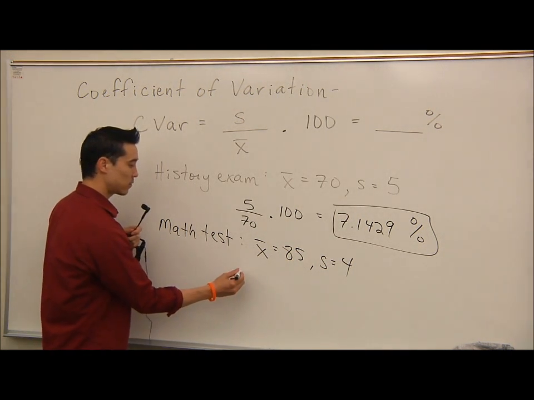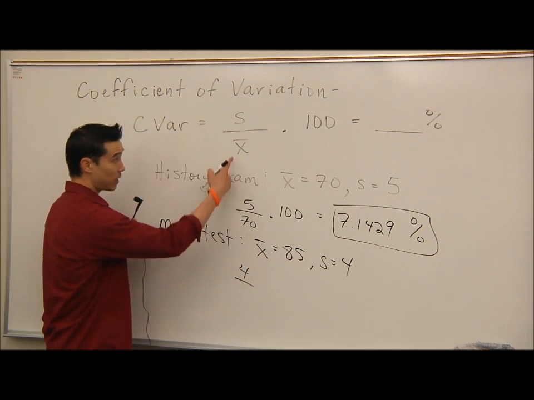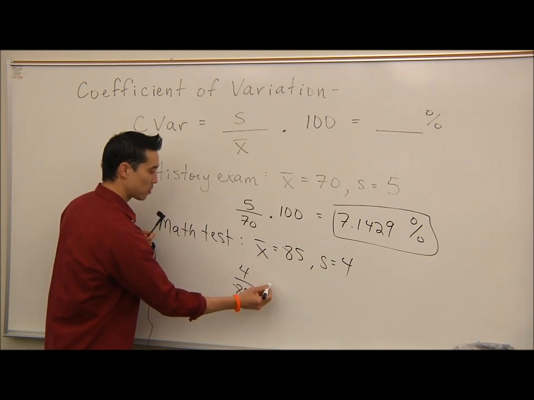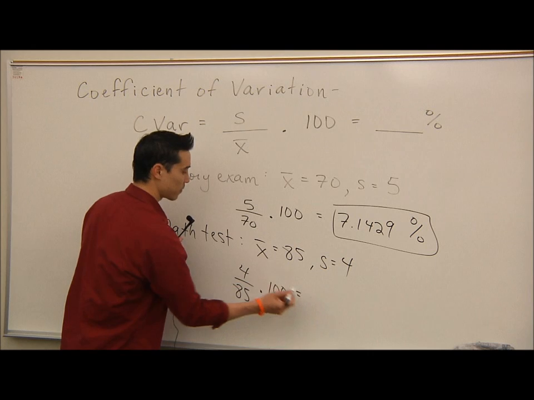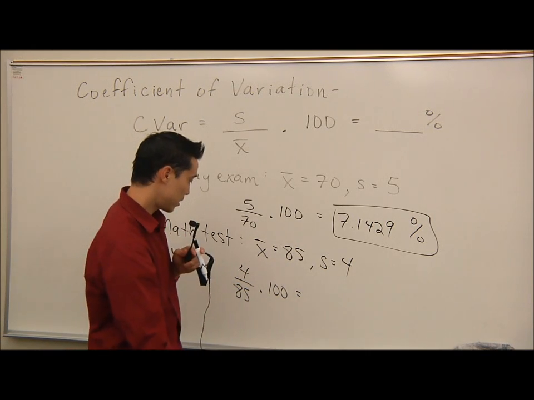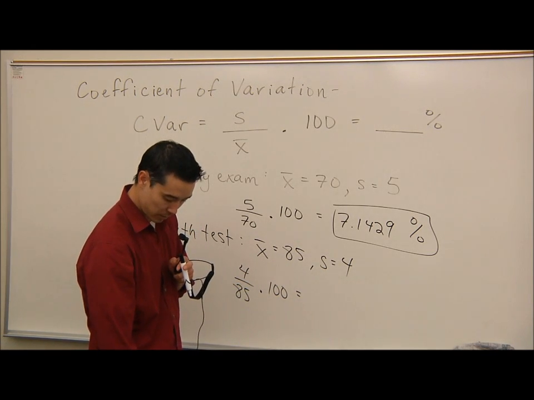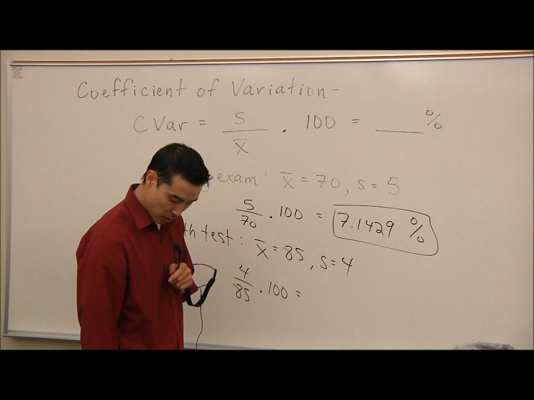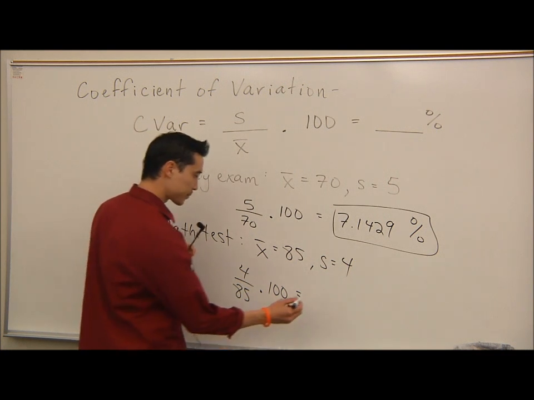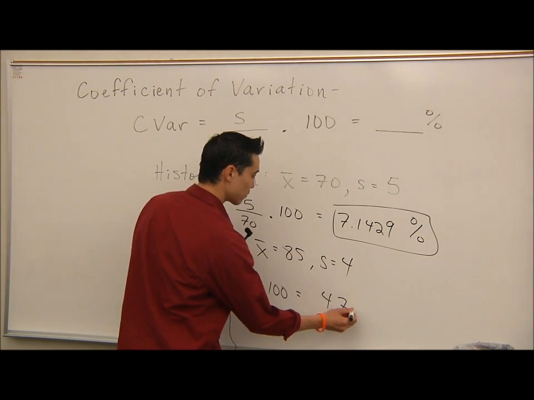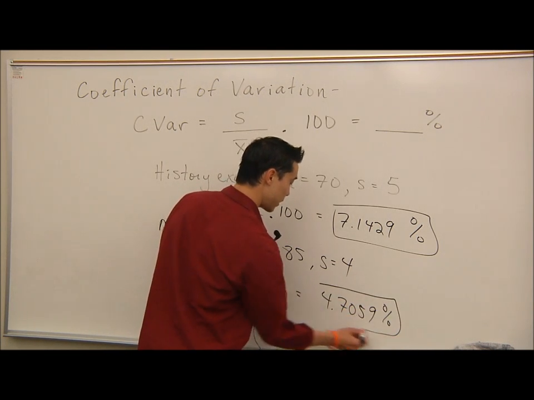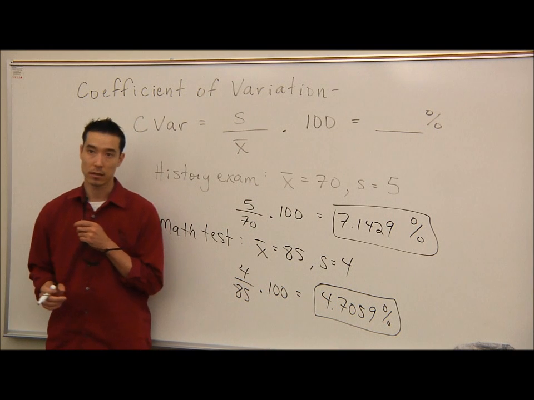We have S is 4 divided by X bar, which is 85. Put that in your calculator. Multiply it by 100. And then you're just going to drop a percentage symbol onto the answer. So 4 divided by 85 times 100. If I go 4 decimal places, 4.7059. That's my coefficient of variation for this particular math exam.